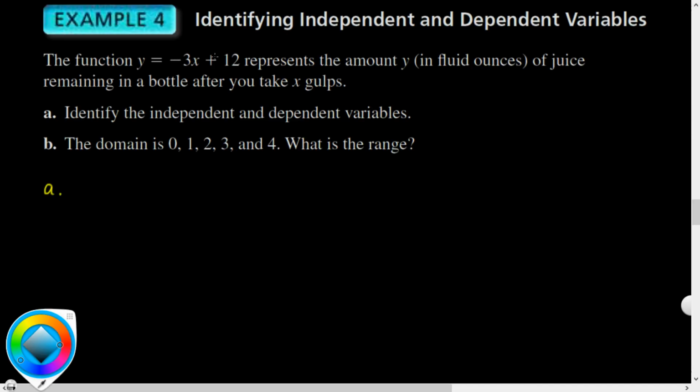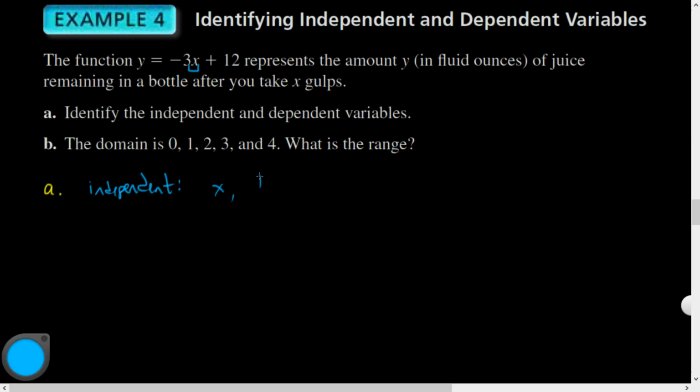All right, so the input is going to be the x. So the independent variable is x, or the number of gulps. And the output is what this is going to be equal to.